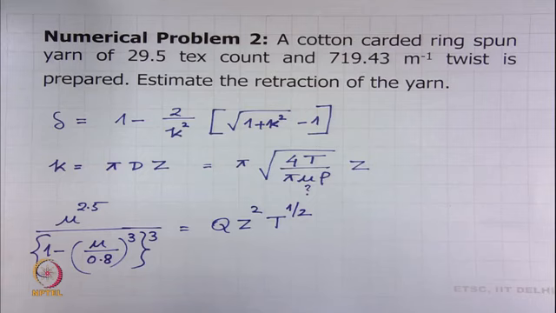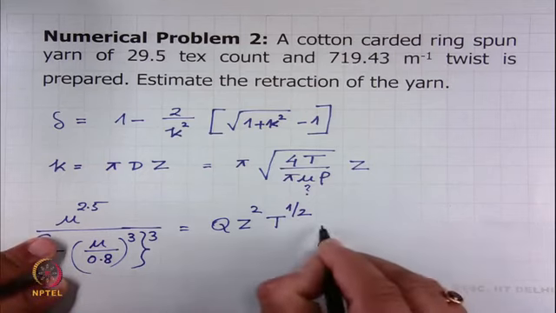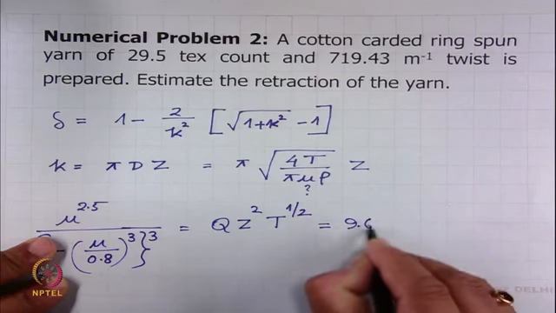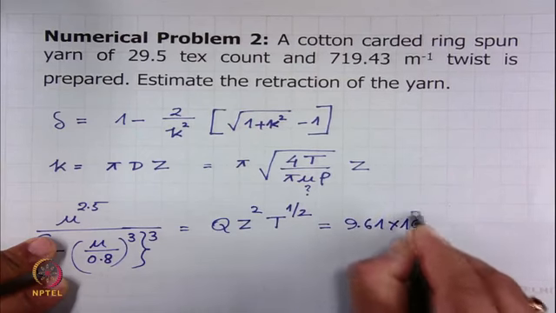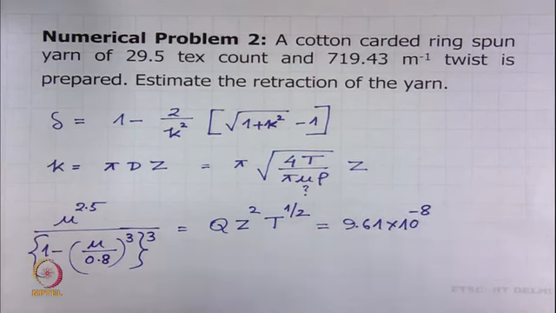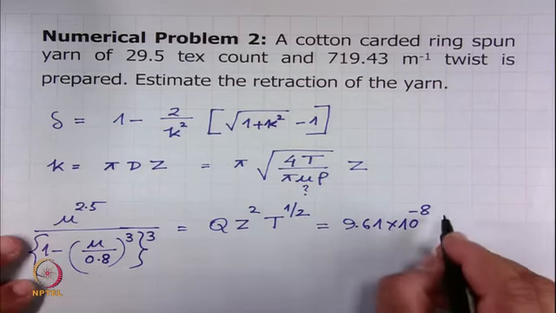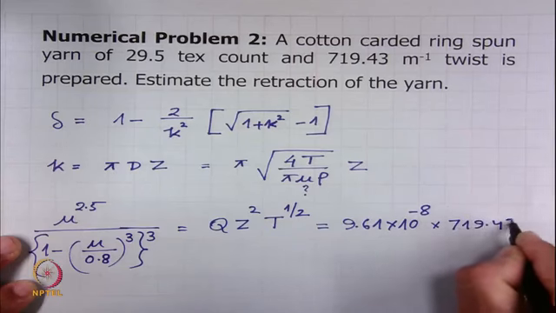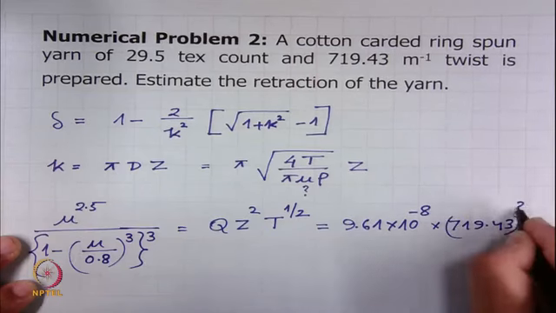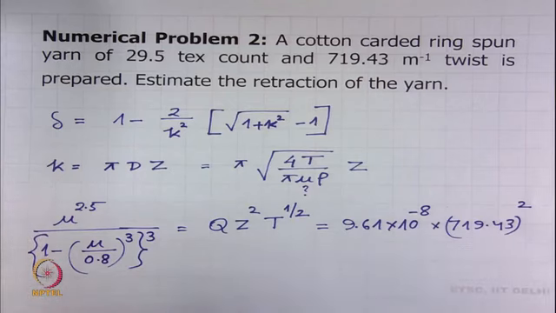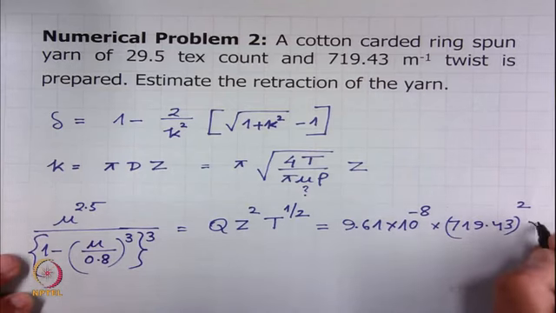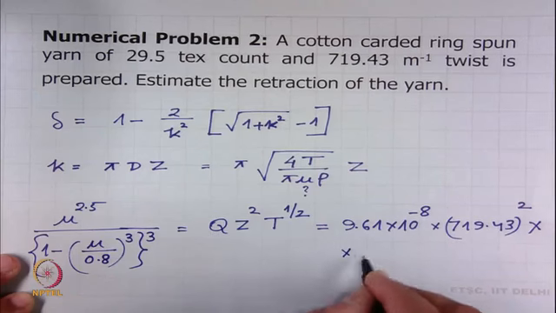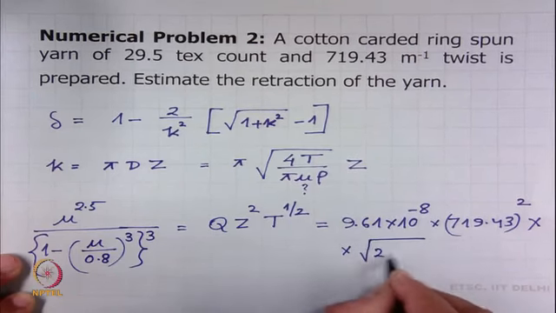For cotton carded yarn, 9.61 into 10 to the power minus 8, Z is given, 719.43 squared, and T is also given, 29.5.